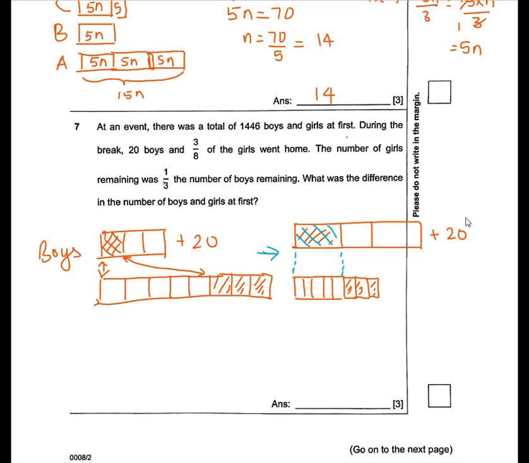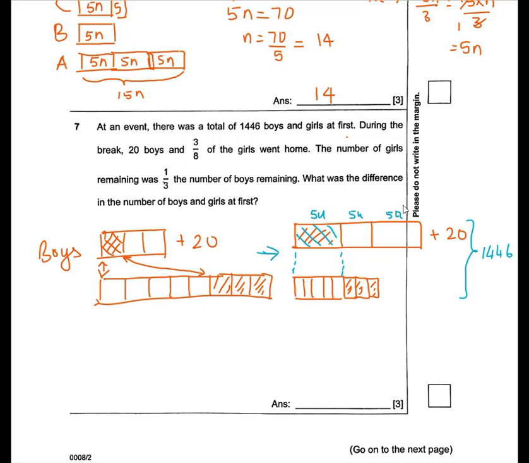And this whole thing, remember, this is equal to 1446. Now, if you know that each of this 1 unit is equal to 5 units here, so I can convert this into 5 units here. I can draw this, which means this will also be 5 units. This will also be 5 units here.